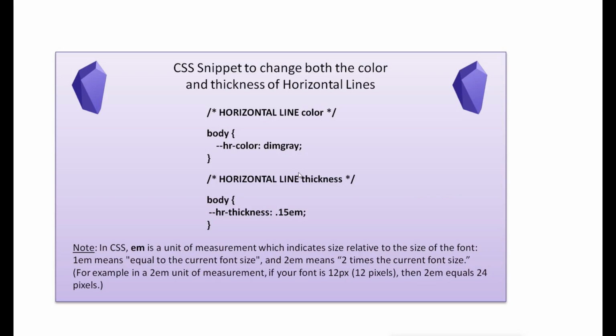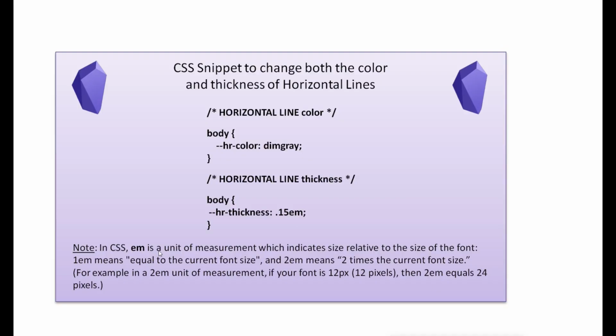For the horizontal line thickness, the selector for that is -HR-thickness. I'm using a technique here called EM. So I'm assigning a thickness of 0.15 EM to the horizontal line. In CSS, EM is a unit of measurement which indicates size relative to the size of the font. 1 EM means equal to the current font size, and 2 EM means 2 times the current font size, and so forth and so on.